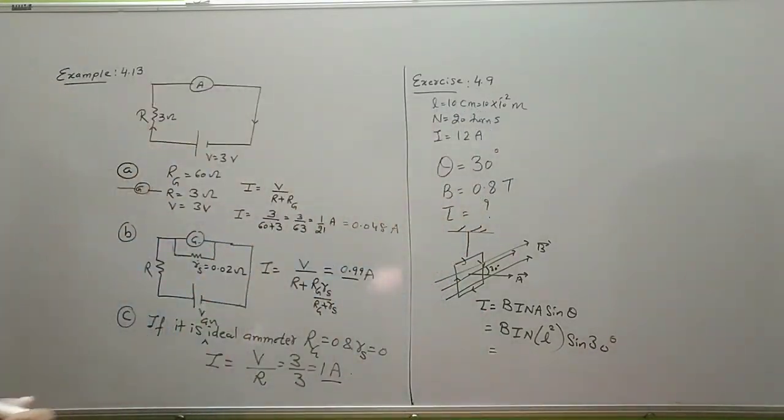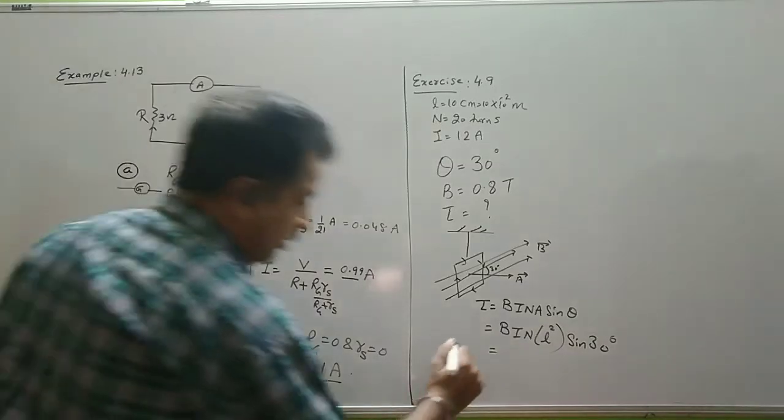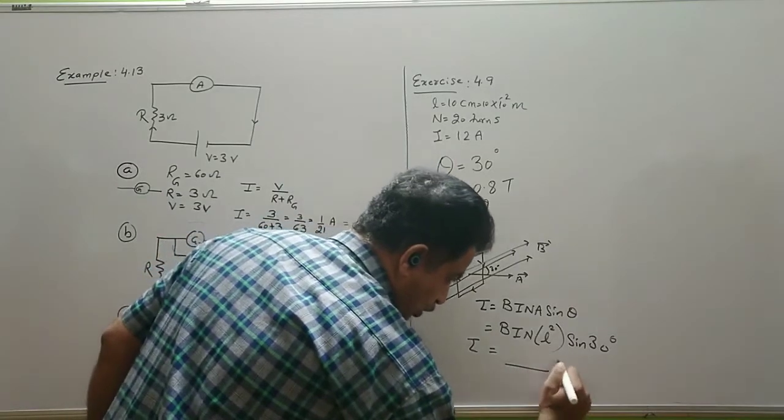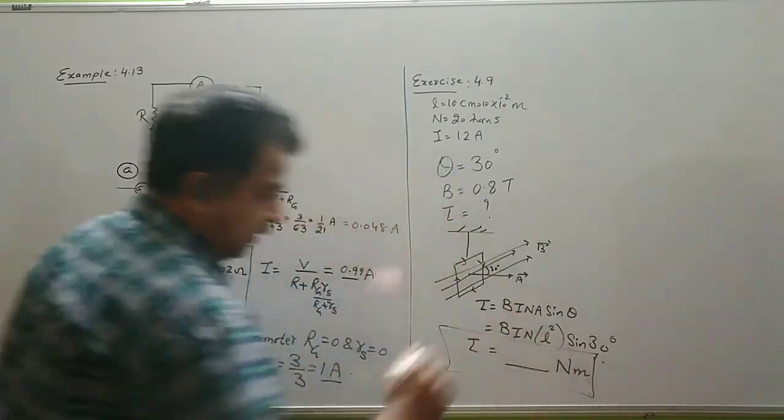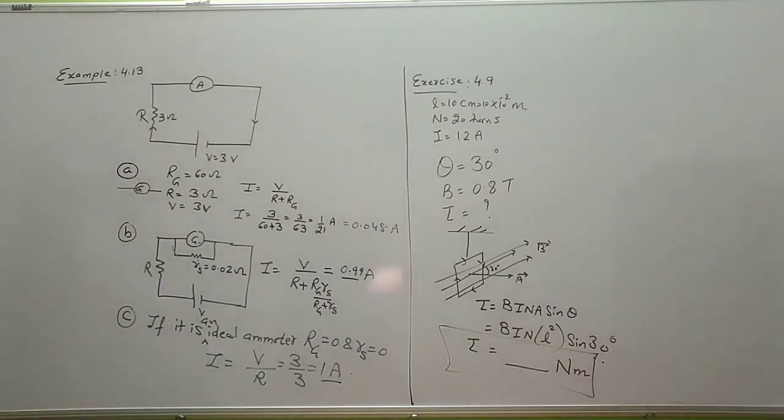So all the values are given, you substitute all the values and find out the magnitude of torque acting on the loop. So do this as an exercise. So torque is equal to so many newton meter. So it is a direct substitution method.